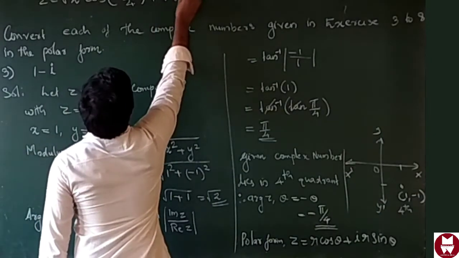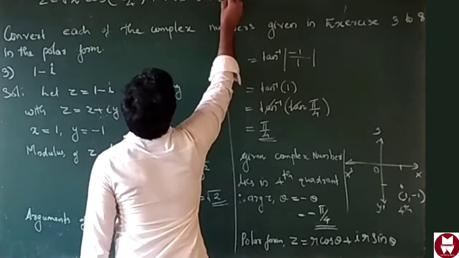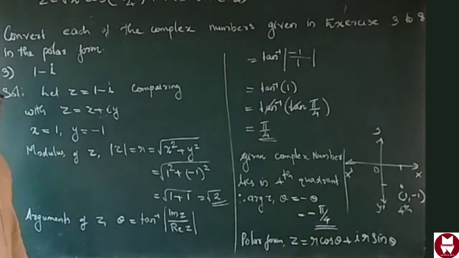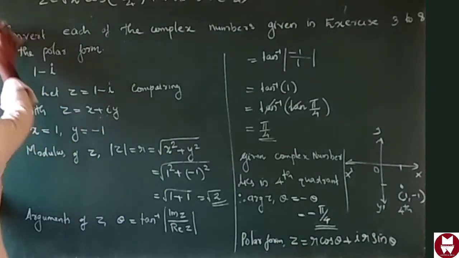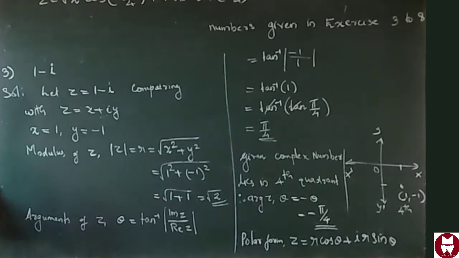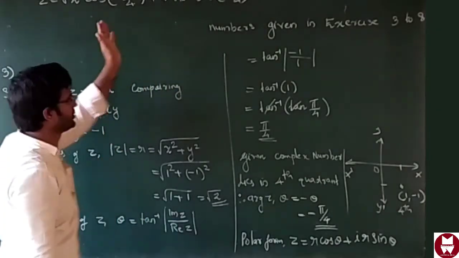R means root 2, sin of minus pi by 4. Here you can see root 2 and root 2 are common, so take root 2 outside.